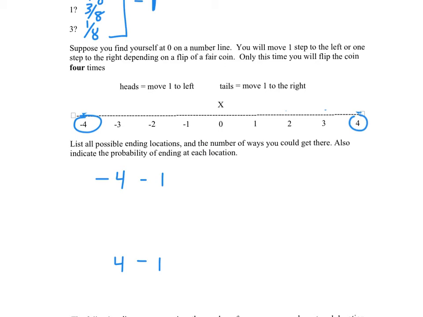We could get heads, heads, heads, tails, and end up at -2. We could get tails, tails, tails, heads, and end up at 2. So we know that -2 and 2 are possibilities. Let's see if there's any other way to get to those.